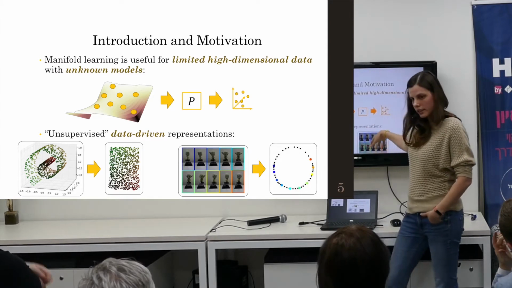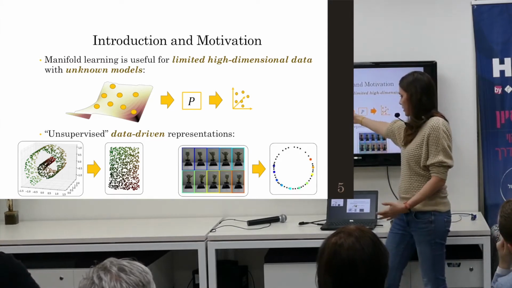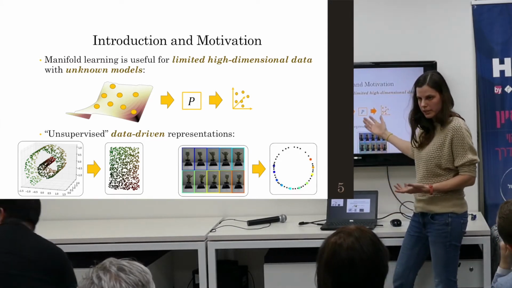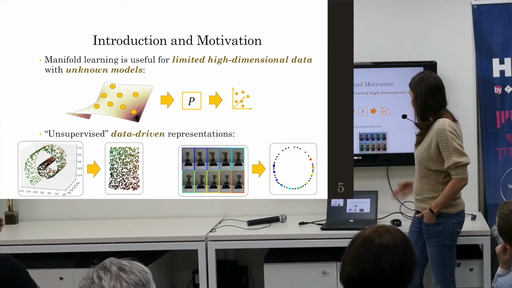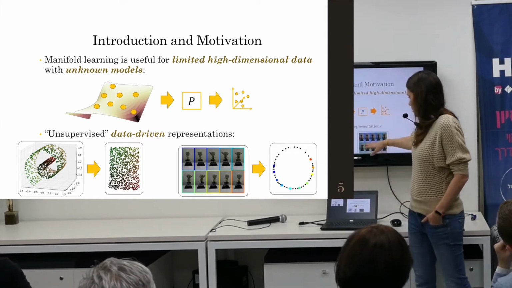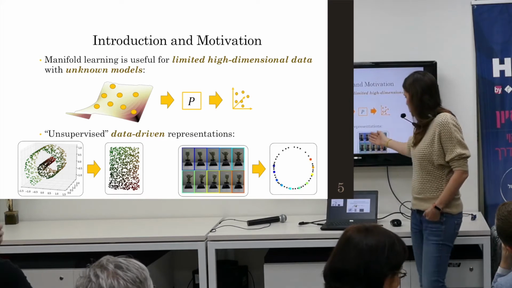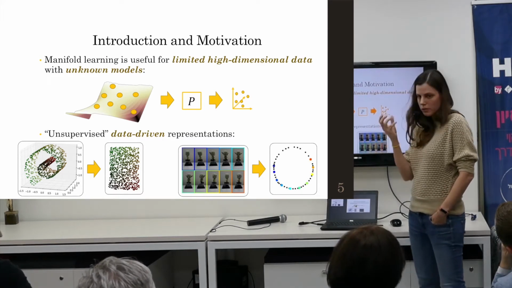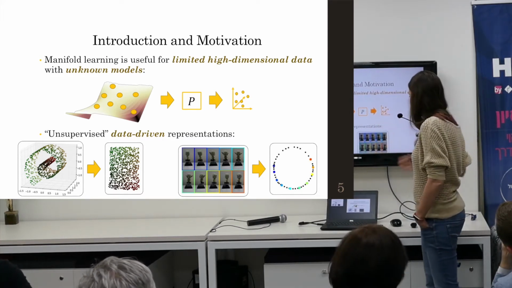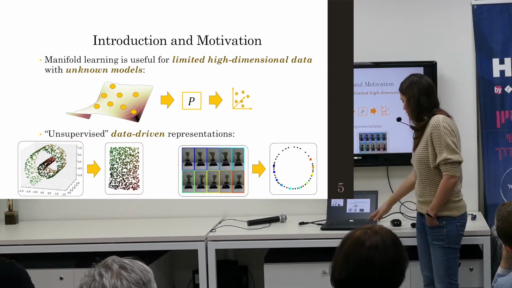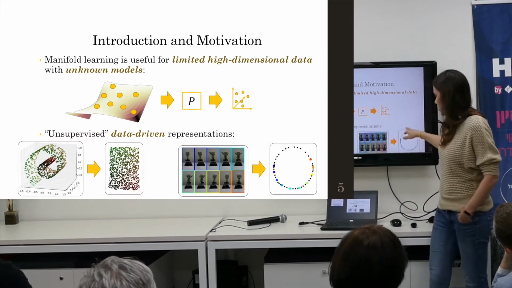A slightly more interesting problem is if we have a set of images, so each data point is an image, and the dimensionality of this point is the number of pixels, so it's very high dimensional. If we consider a set of images where the images differ from each other in a rotation only, and we apply a manifold learning technique, then what we get is points on a circle.